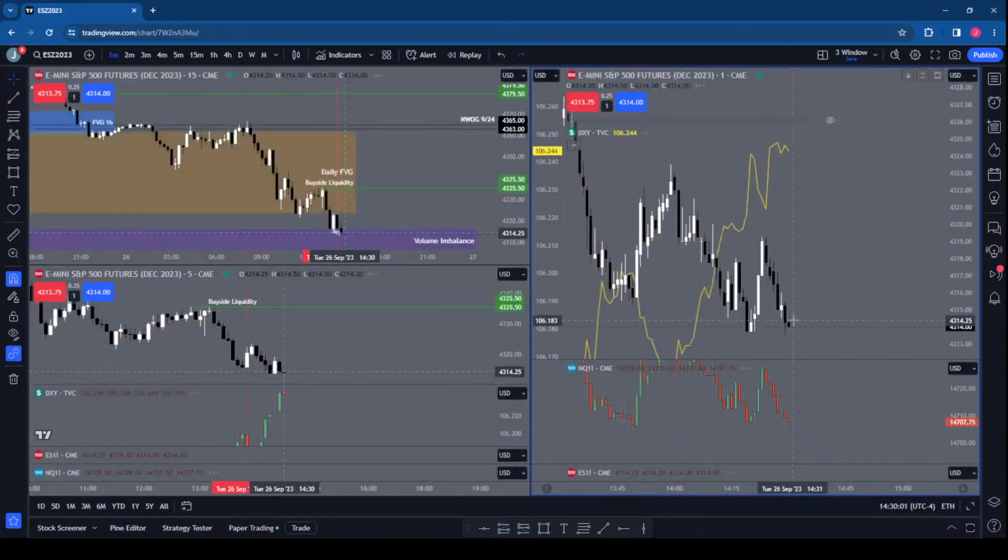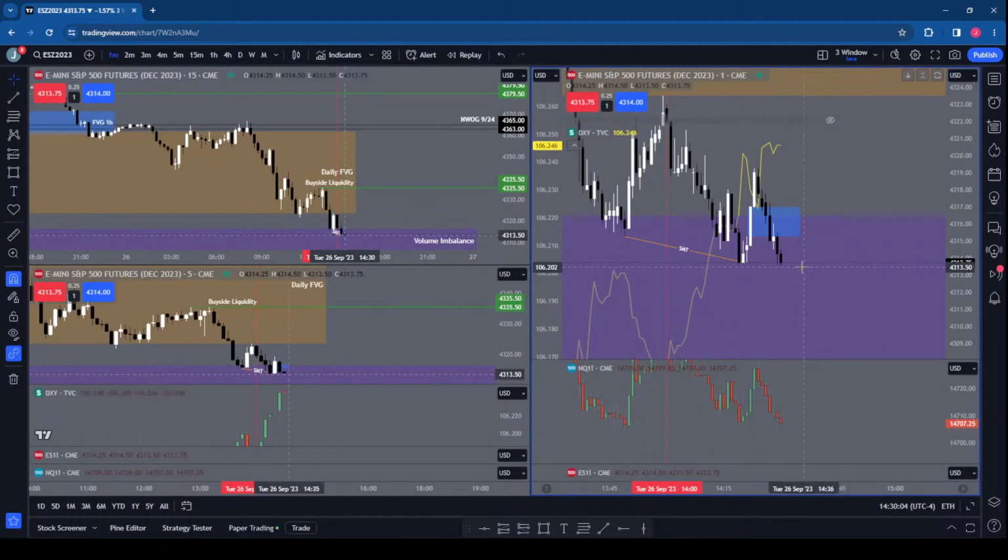NASDAQ just doesn't want to make that lower low. See what happens right here.